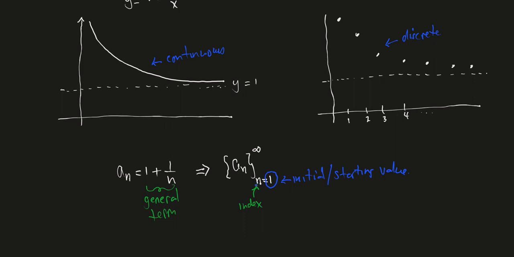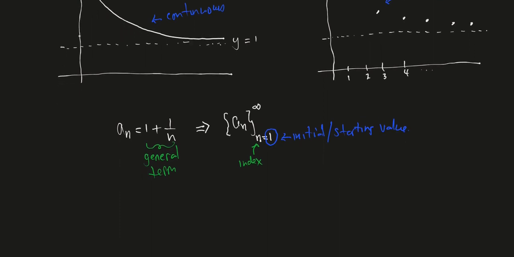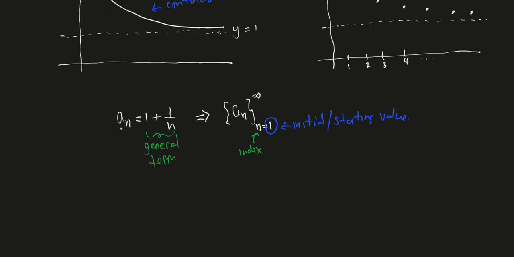And once you do that, now you almost have a sense of what is the first term in the sequence? What is the second term? What is the third term? And so forth. Now let me add a bit more detail to this. Sometimes you might see the actual general term in braces like this. Notice for this one, because I have this 1 over n, I could not start it at n equals 0, because 1 over 0 isn't defined.